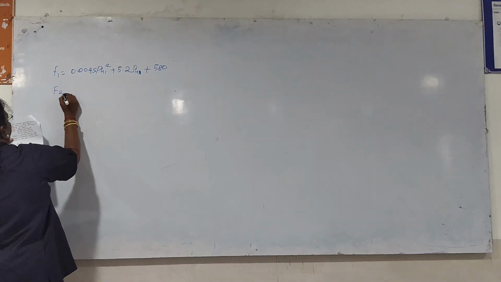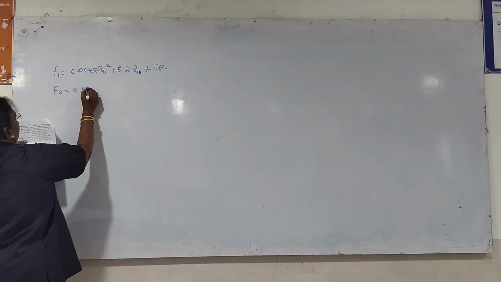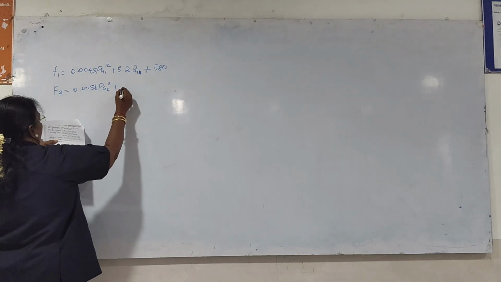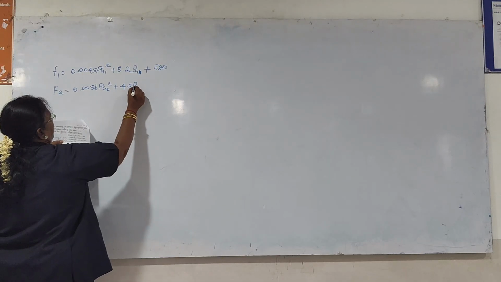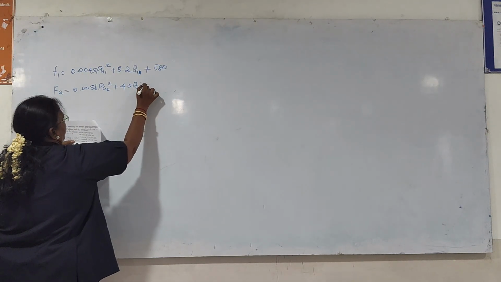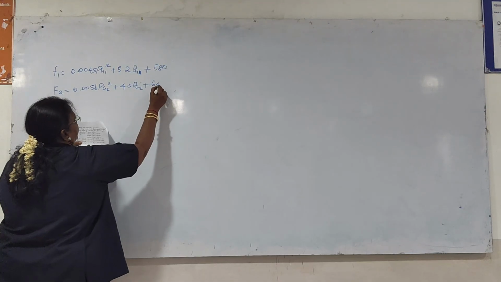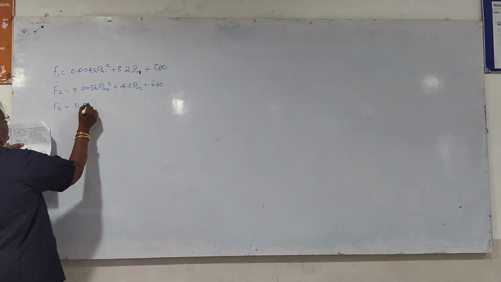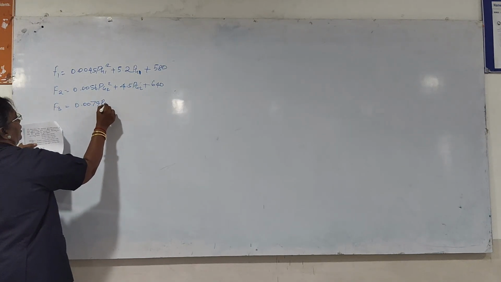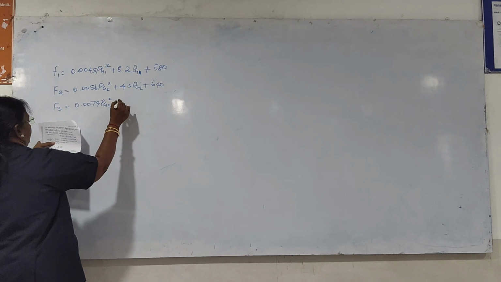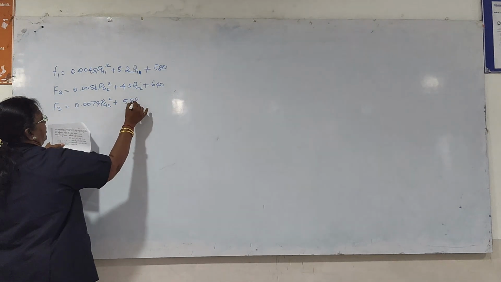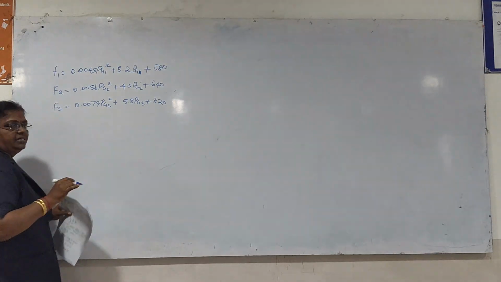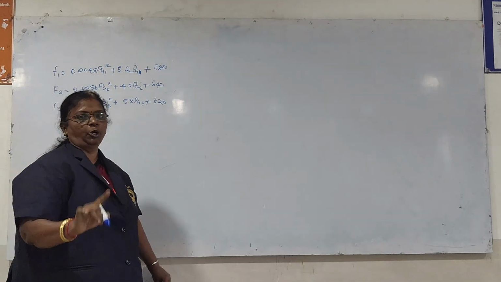Then F2 is 0.0056 Pg2 square plus 4.5 Pg2 plus 640. Then F3 is 0.0079 Pg3 square plus 5.8 Pg3 plus 820. This is the cost equation that is given in the problem.